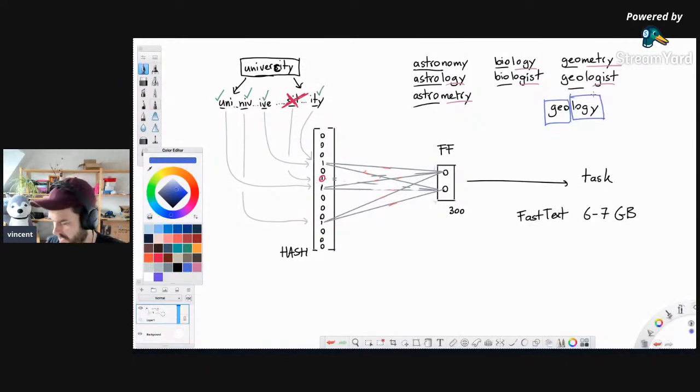And if I know those two things, that might just be enough. And with that idea in mind, maybe we don't need all the n-grams. Maybe we only need a really strict subset of them. Maybe it's enough if I just know geo and logy, and that way I don't have to worry about a subtoken like EOLO. That's an n-gram that I don't need to learn if I have these two already.